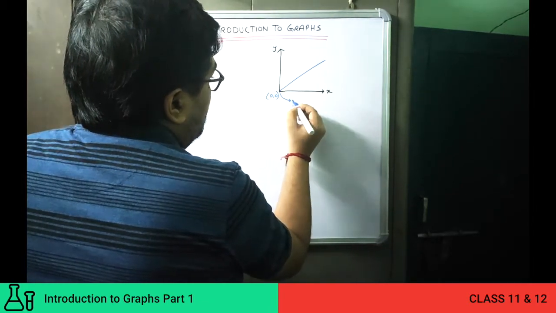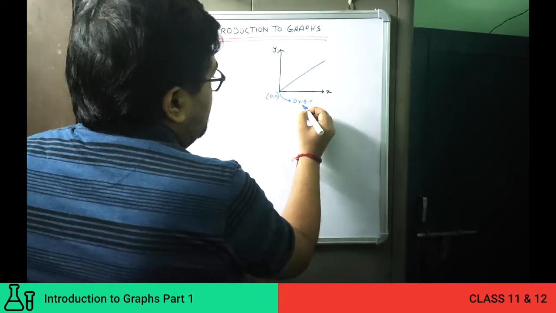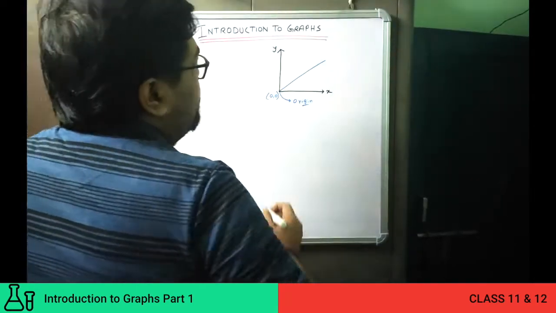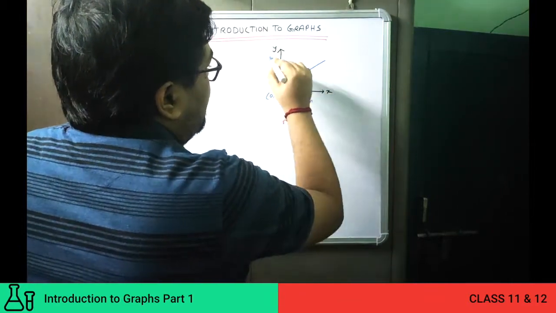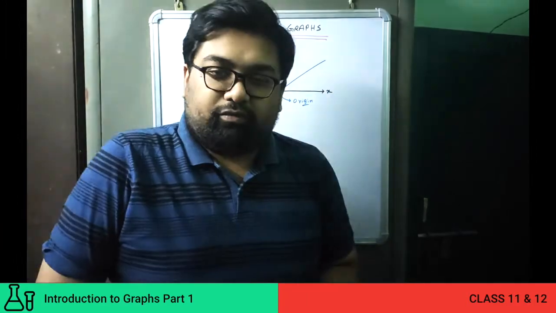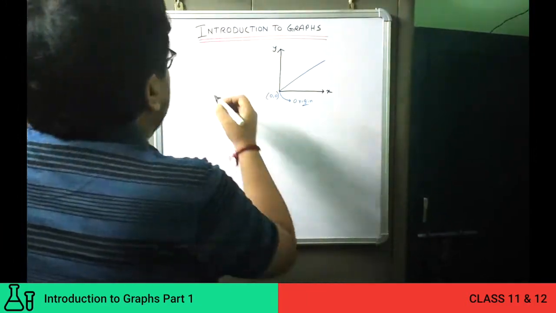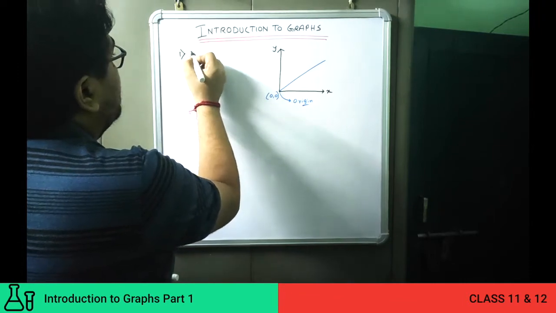So, we will call this point the origin. Right? This point is called the origin, and this diagrammatic representation as a whole is called graph. Okay. So, at first we will start off with straight line graph.